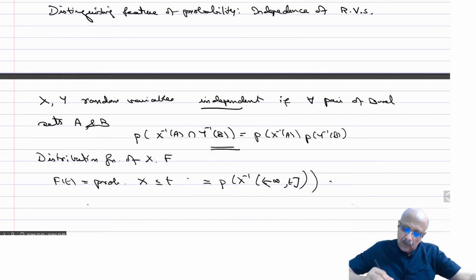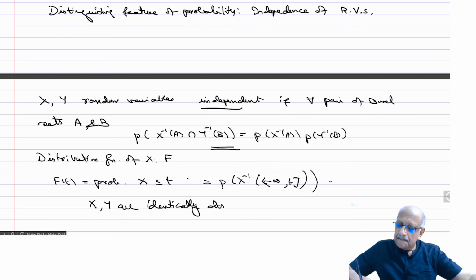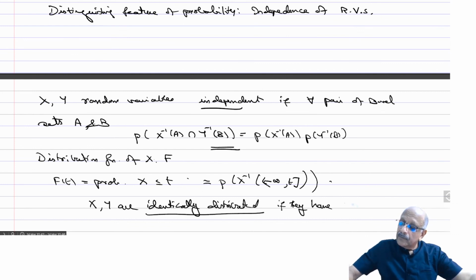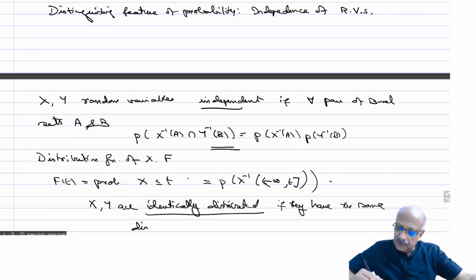So X and Y are identically distributed if they have the same distribution function.